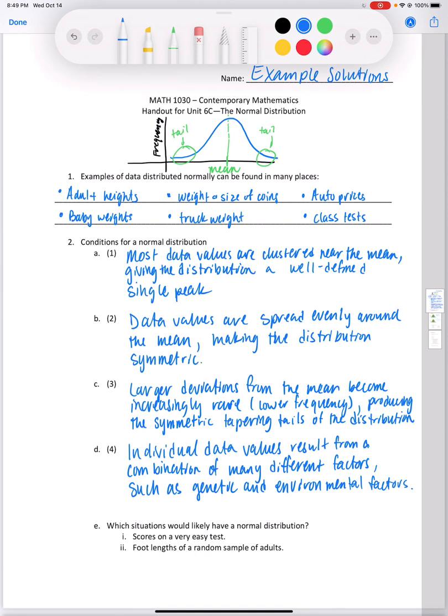So for part 1, no, it is not symmetrical, because if the test was easy, then everyone would get the correct answers.